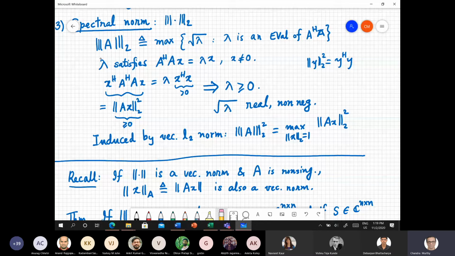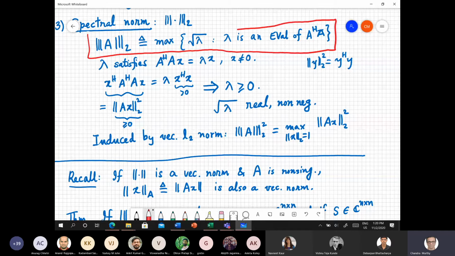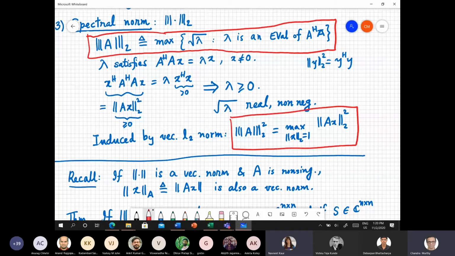Okay, so now let's compare these two. So keep this in mind. Norm A2 is the max root lambda where lambda is an eigenvalue of A Hermitian A. And in fact, we can show something like this: the square of this is equal to the largest value of norm AX squared subject to norm X2 equal to 1.